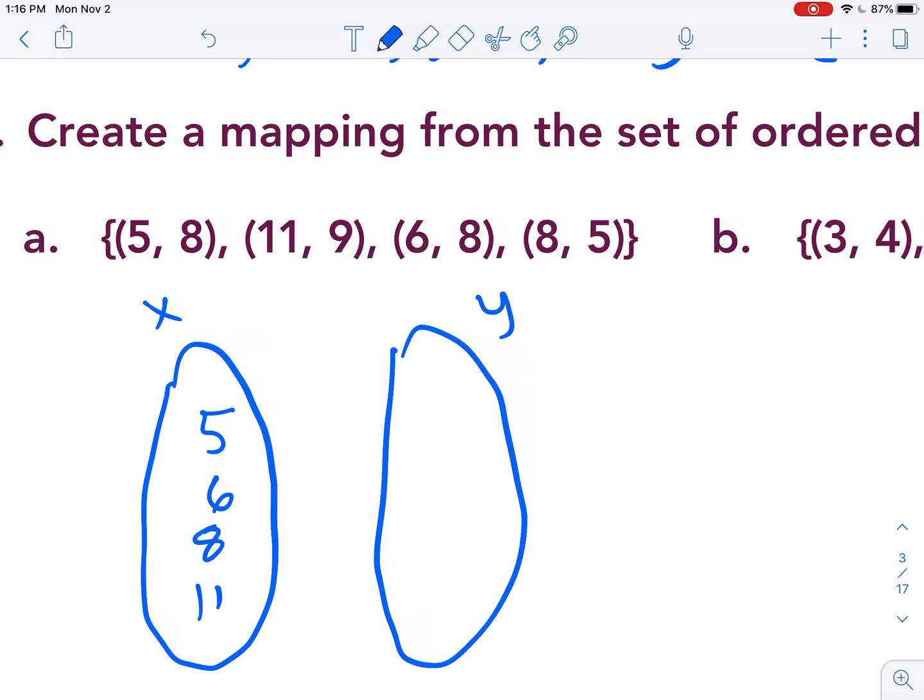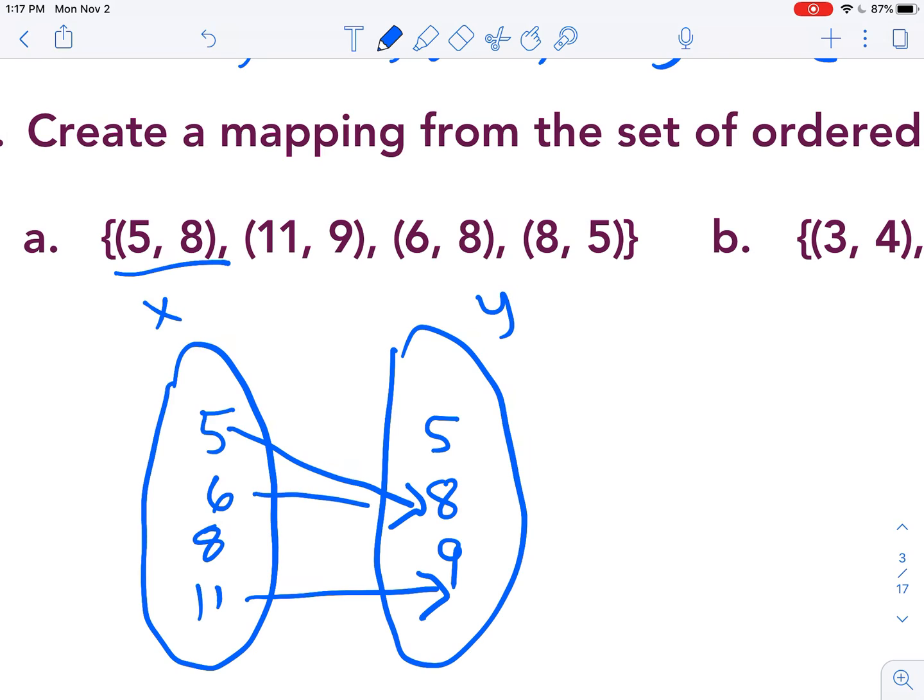Notice how I wrote it in numerical order. It makes it much easier. 5, 8, and 9. So the 5 goes to 8, so 5 to 8. 11 to 9. 6 to 8. And 8 goes to 5.